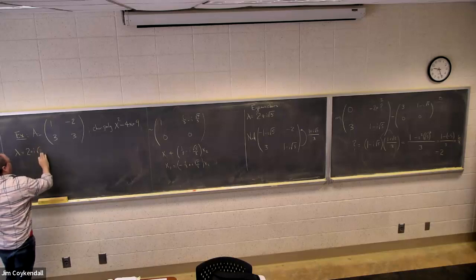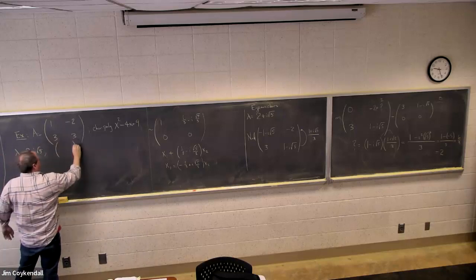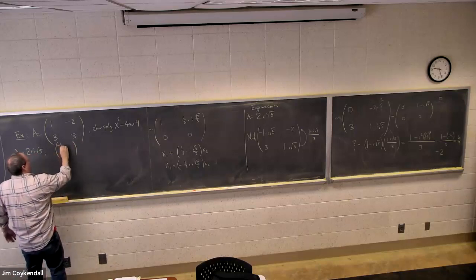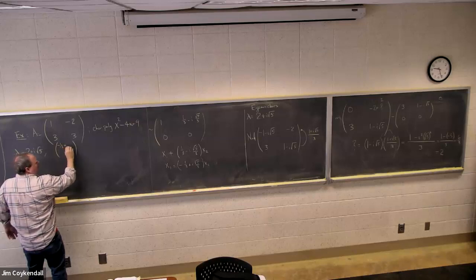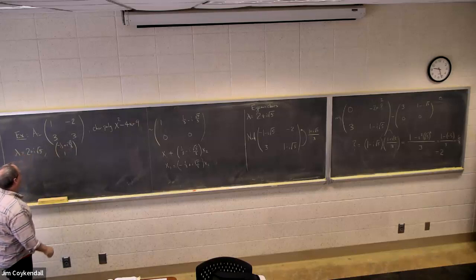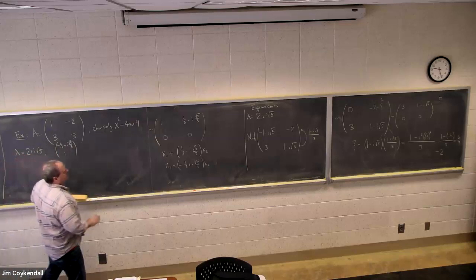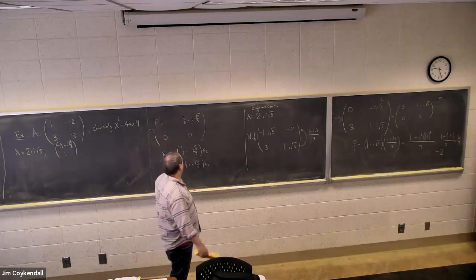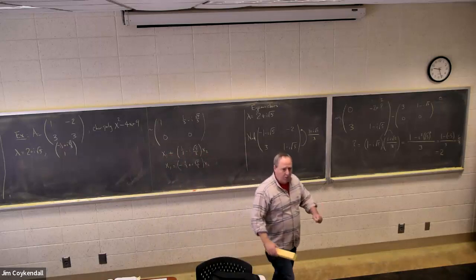Its eigenvector: let's see, 1, minus 1/3 plus i radical 5 over 3. Everybody okay with that? Let's see what happens when we compute the other one. Everybody okay so far with what we got?